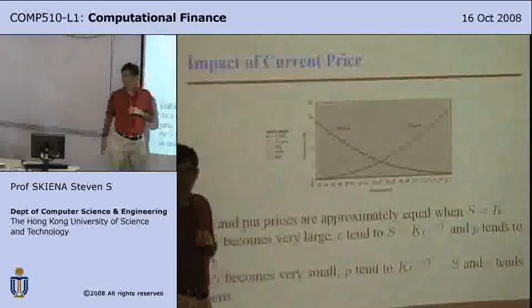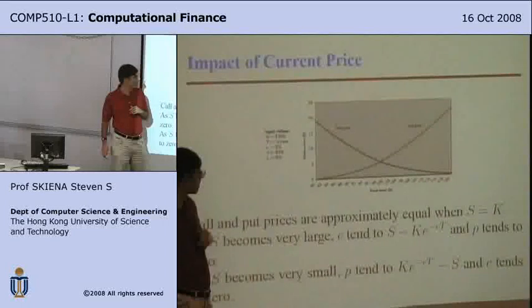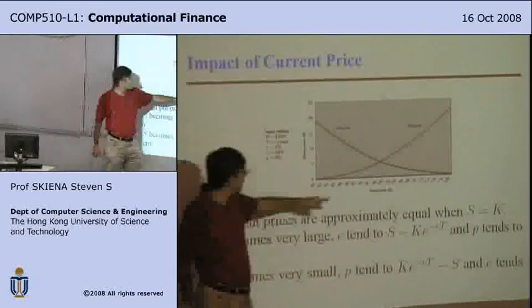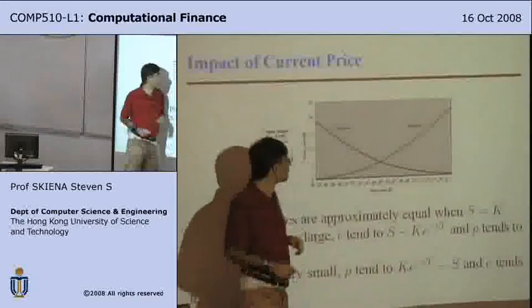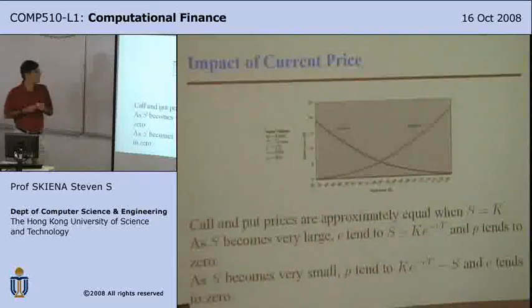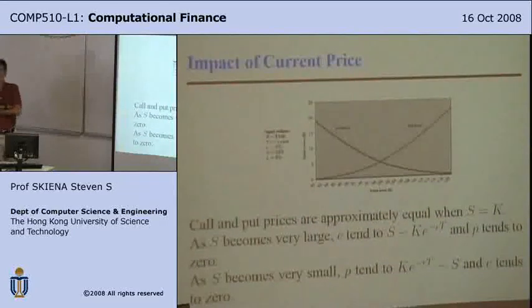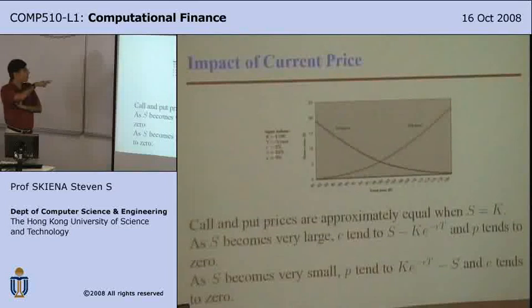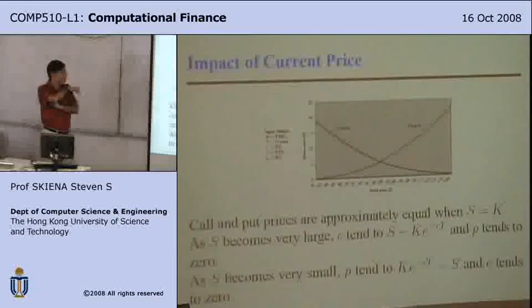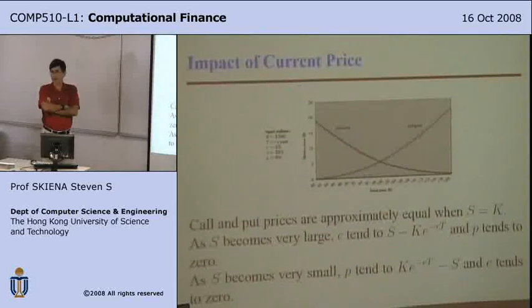That obviously makes sense. It looks like put and call prices are approximately equal right around when the current price is at the strike price. Does that make sense? Let's think about this.